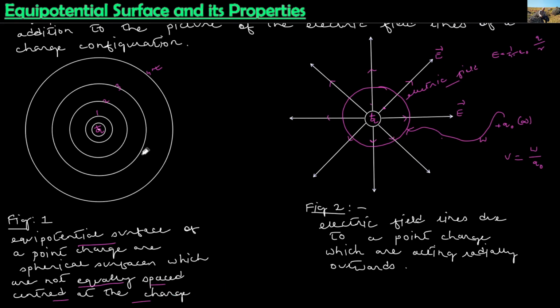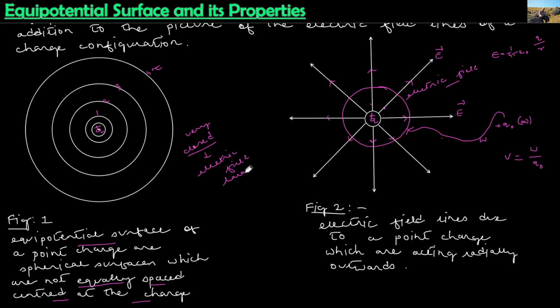From this picture, when the equipotential surfaces are very close, it indicates that the strength of the electric field is also large.